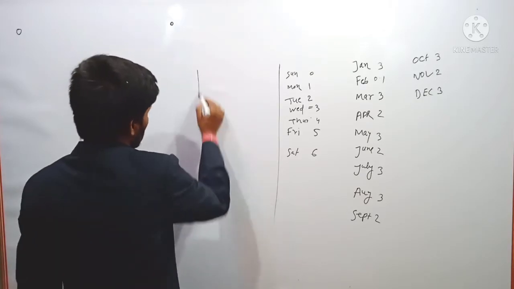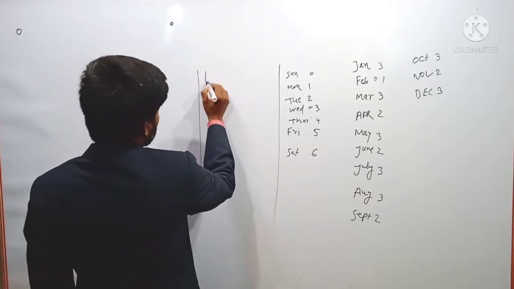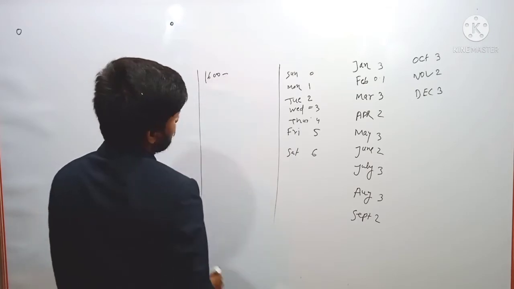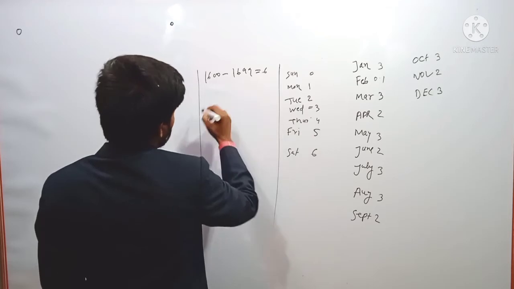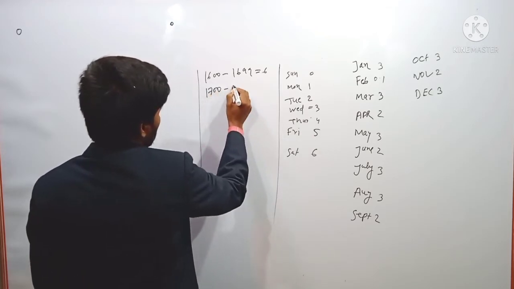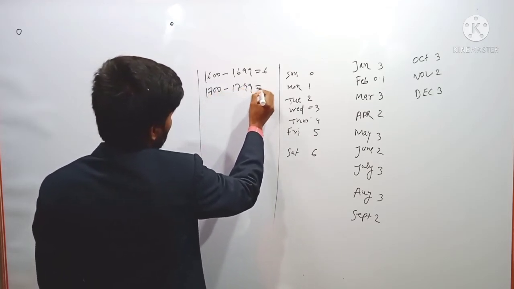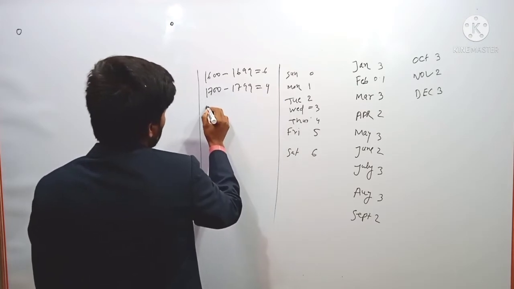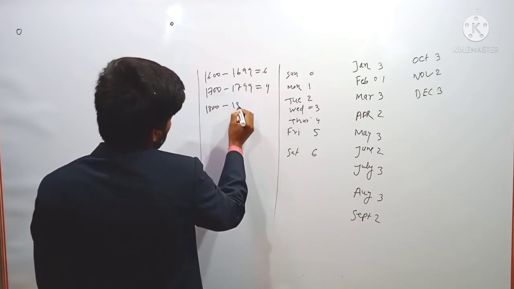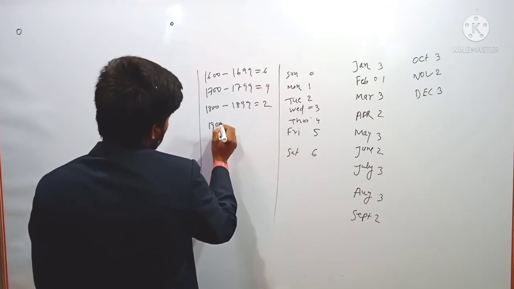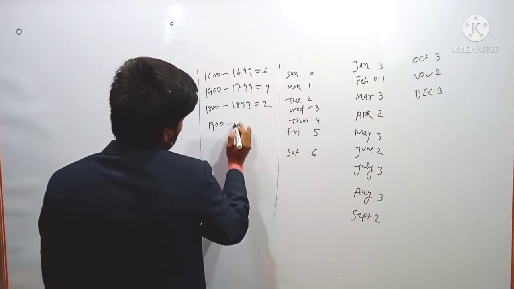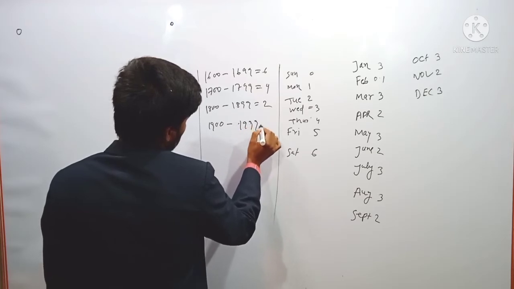Then in years, 1600 to 1699 is 6, 1700 to 1799 is 4, 1800 to 1899 is 2, and 1900 to 1999 is 0.